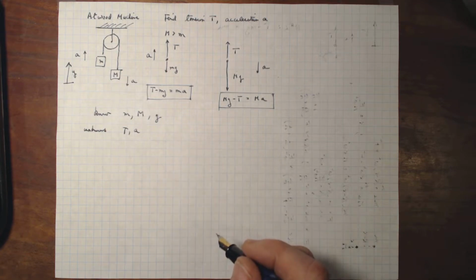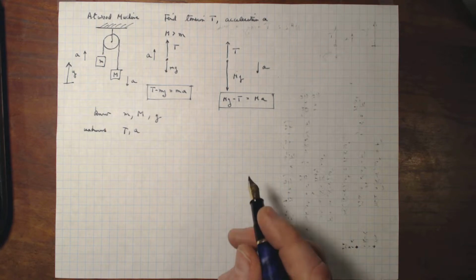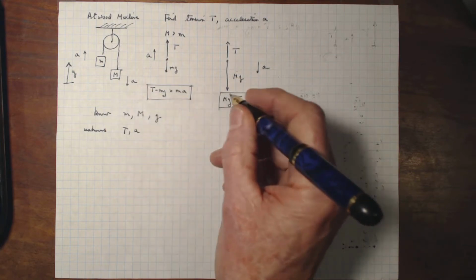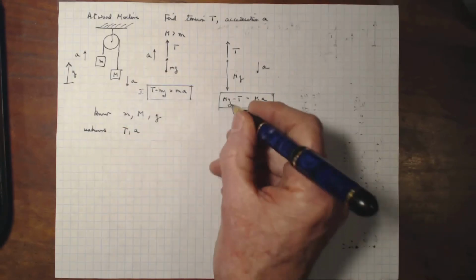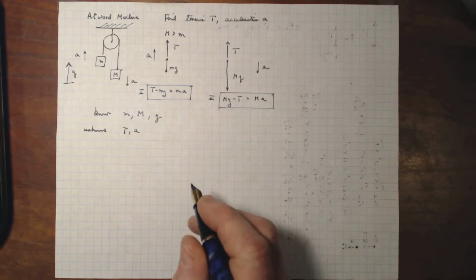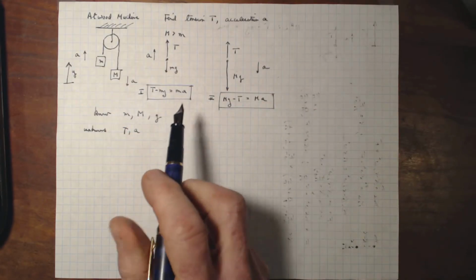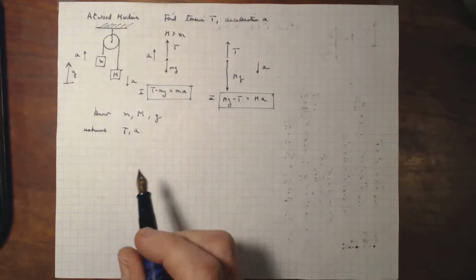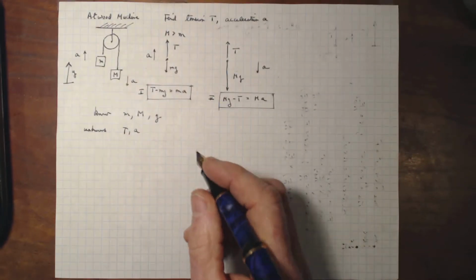And so there's different ways of doing this. But if I call this equation 1 and this equation 2, you can see that if I add these two equations together, the T's are going to cancel. That's one way of doing it. I could also solve by substitution.